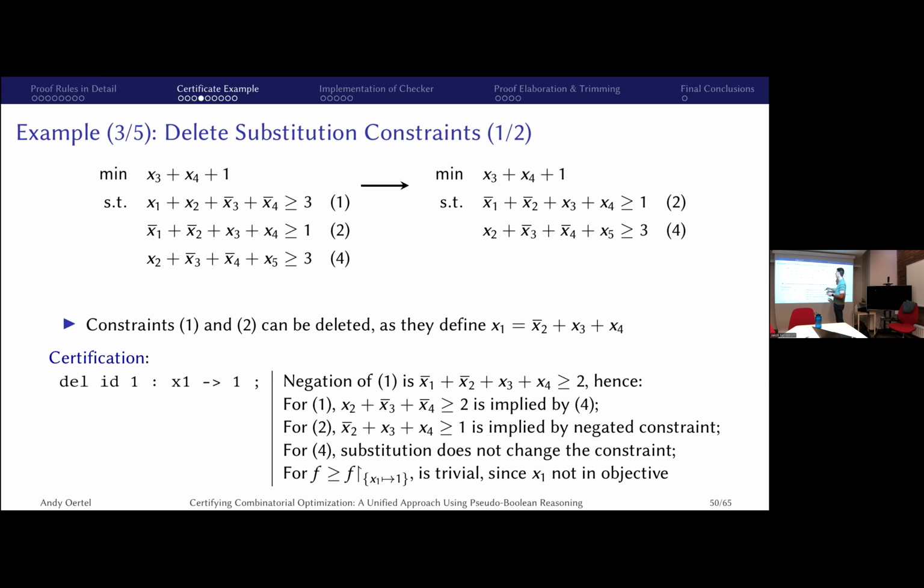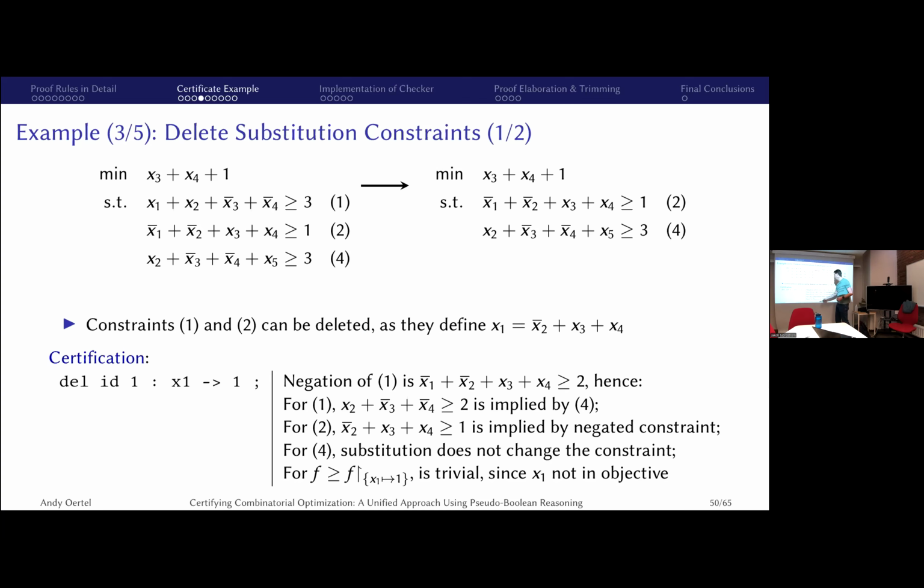We get this constraint here with greater or equal to. And this is actually implied by constraint 4, just by weakening, adding not x5 to this constraint. For the second constraint, this is implied by the negation of the deleted constraint, again just by weakening the variable x1 by adding x1 greater equal to 0.